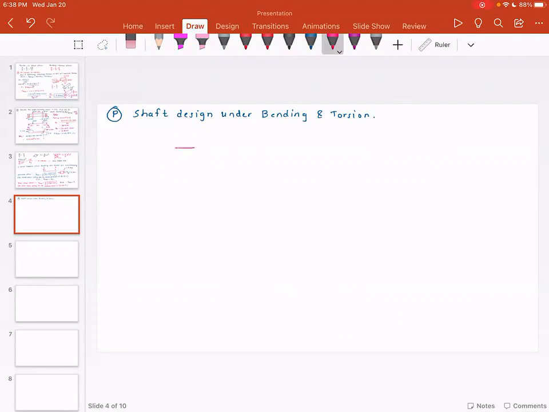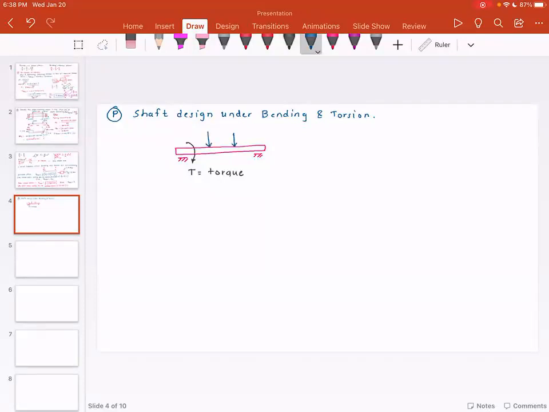So here is this shaft, and this shaft is supported in the bearings, and this shaft is supposed to transmit the torque T. This is the torque that is transmitted. And on this shaft, there are different loads.